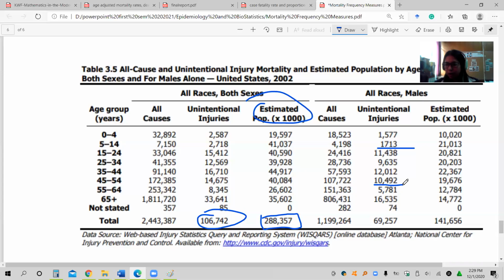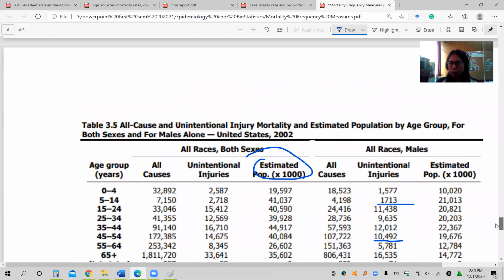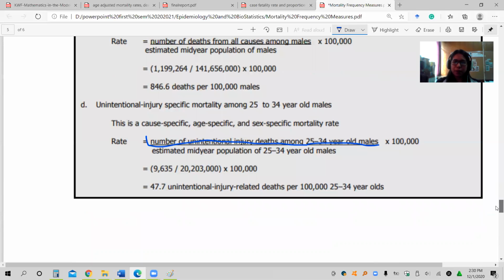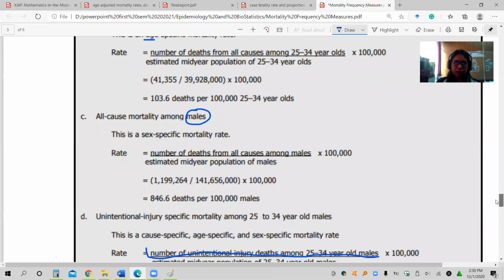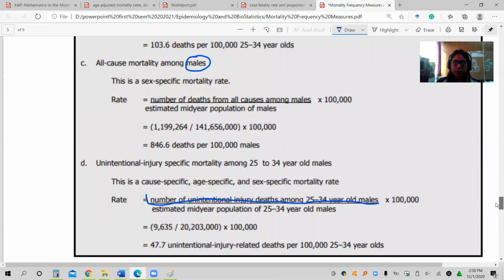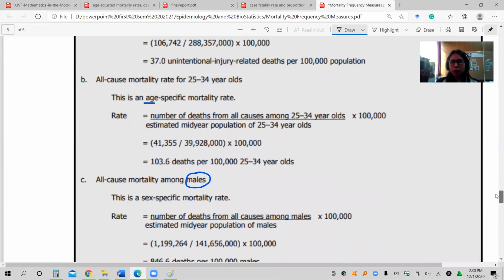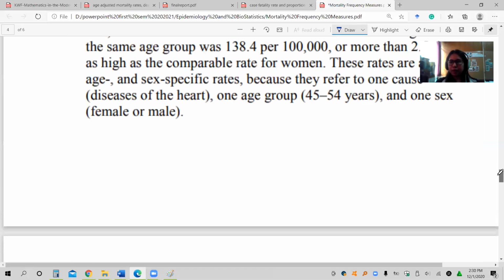So it's 10,462. The estimated population, multiplied by 1,000, is provided. So we have here 19,676 and 21,013. So it depends on what you need to compute, and it also depends on the case. So for example, if you want to consider sex-specific or age-specific or cause-specific, it depends what will be the numerator and the denominator.